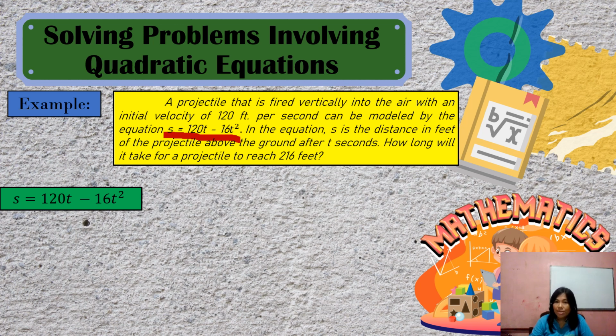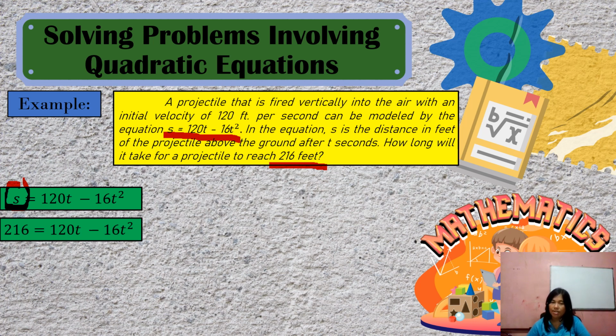Ngayon, yung S dito is the distance. So, meron tayong given na 216 feet. So, substitute natin siya dito sa S. So, meron na tayong 216 equals 120t minus 16t squared.